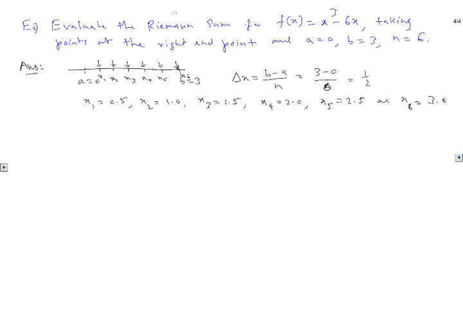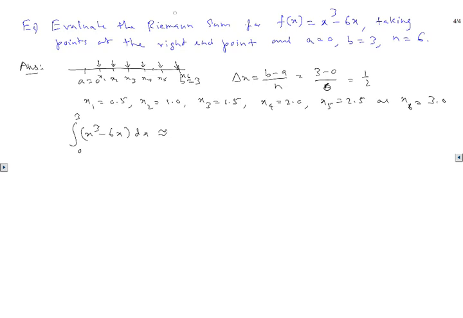So now the integral approximation by the formula. Your integral goes from 0 to 3 of x^3 minus 6x dx, which is approximately equal, not equal, because we are not taking n to infinity, n is only 6.